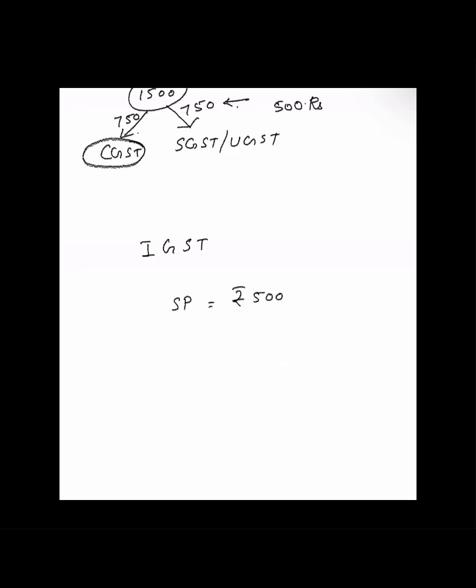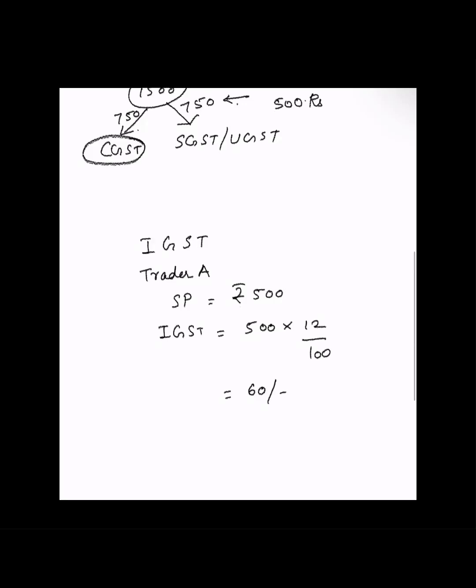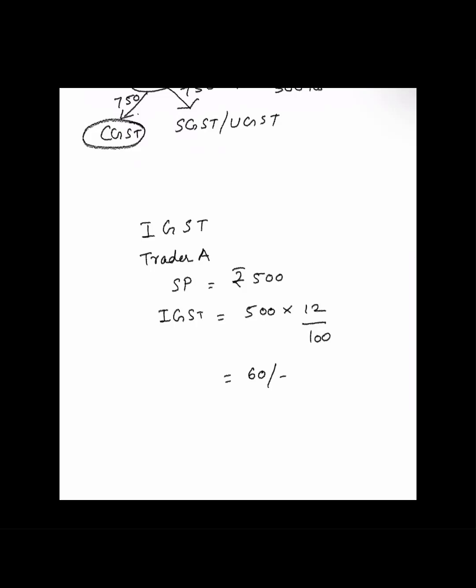Trader A is selling at 500 rupees to trader B. So what is going to be the GST or IGST here? 500 into the percentage, GST is 12%, 12 by 100. So when you cancel it, 12 into 5. What is the answer? So this 60 rupees is, okay, wait.